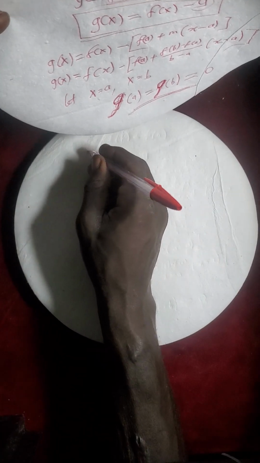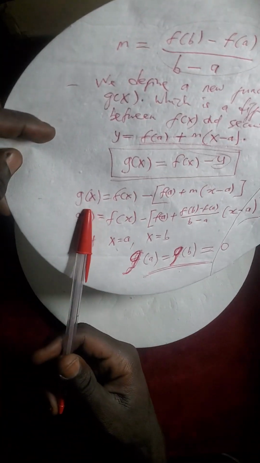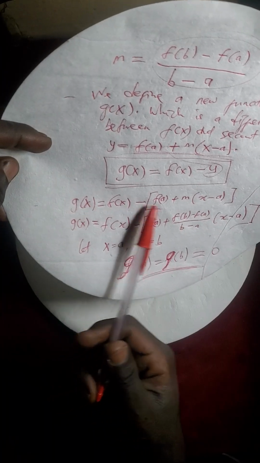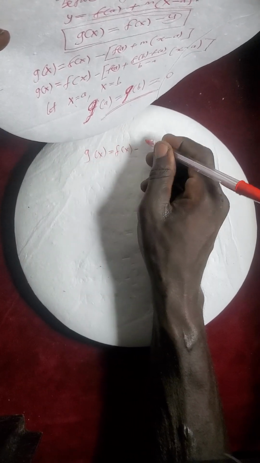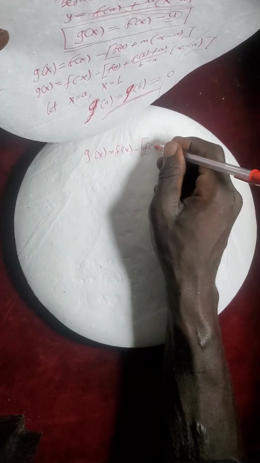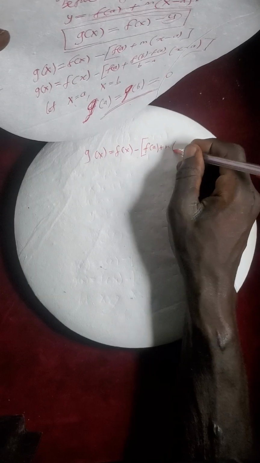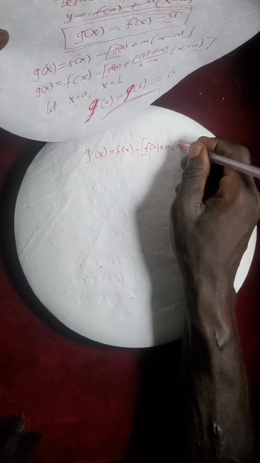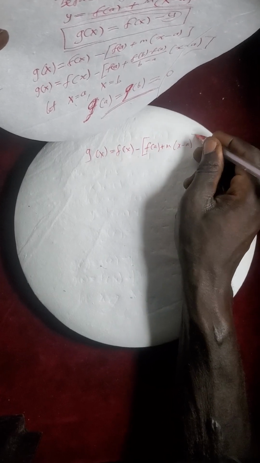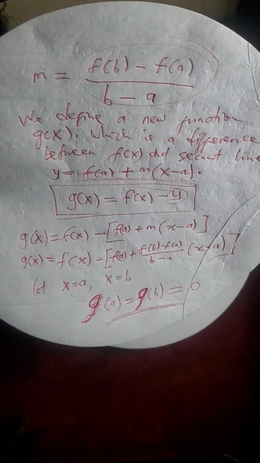So g of a, here where there is x, everywhere put a, everywhere. So I'll just write g of x again here. Okay, you may ask me, guys, why have you gone back to m?